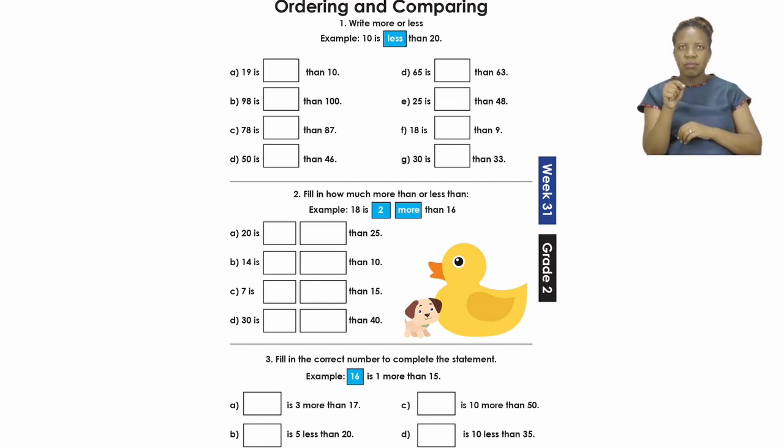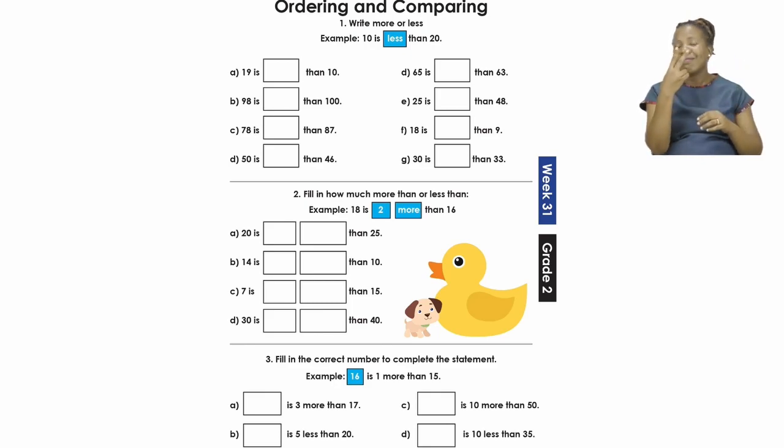20, 25. So if we take a good look, we need to actually count from 20 to 25. That way we will know our answer for the first box. So if we count from 20, saying 20 is already there, we say 21, 22, 23, 24, 25.